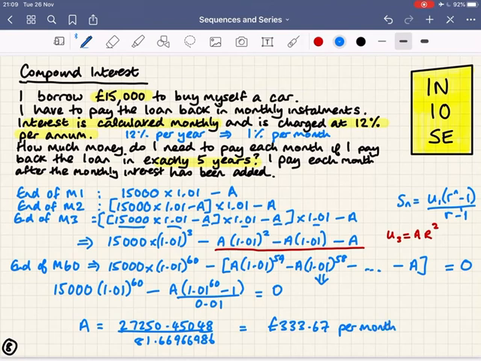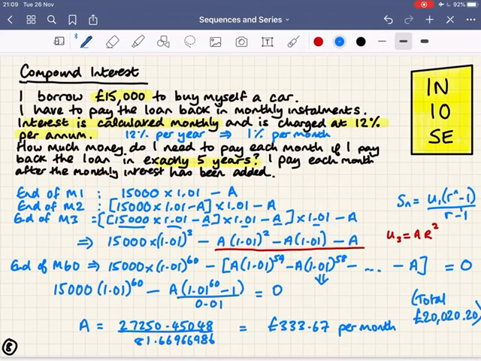Now, that looks a horrendous amount, doesn't it? 333.67 per month. And if you multiply that by 60, just for interest, you'll see that means the car's total cost was £20,020.20. So quite a lot more than the original £15,000 price. That's complicated.